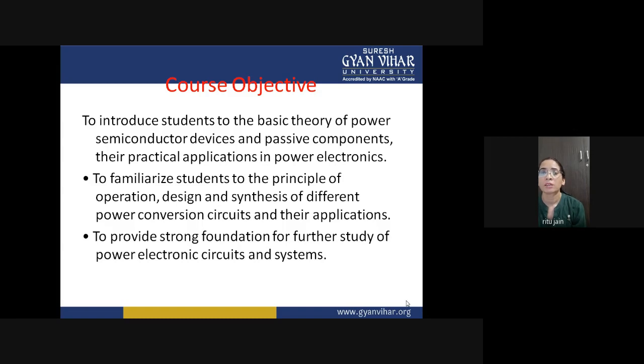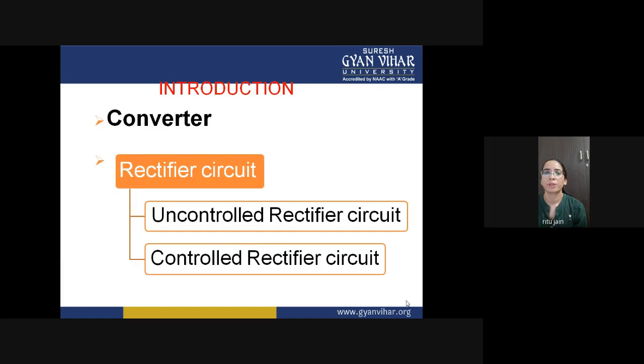After this lecture, I expect that the student will be able to understand what semiconductor devices are, what their applications are, and the waveforms which you are using in semi converter devices.